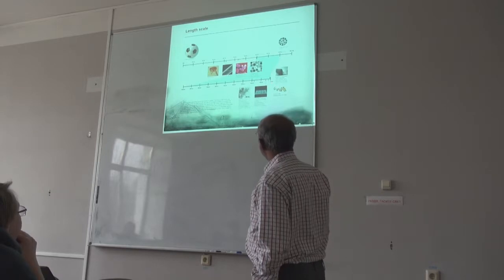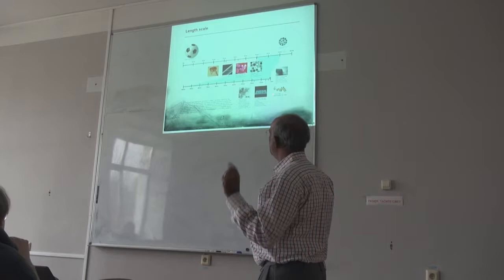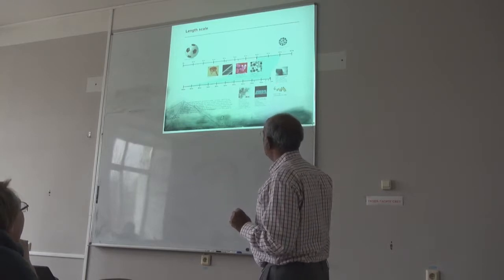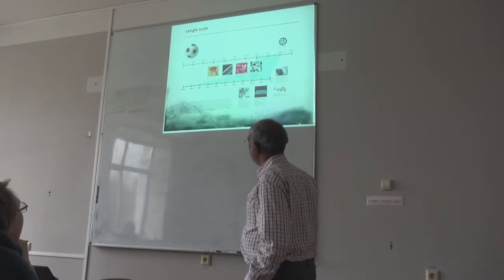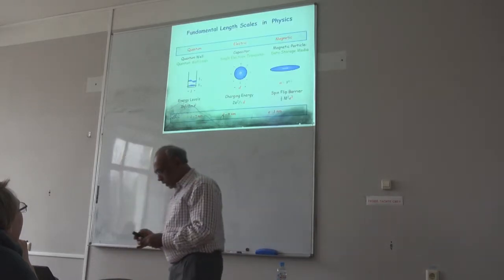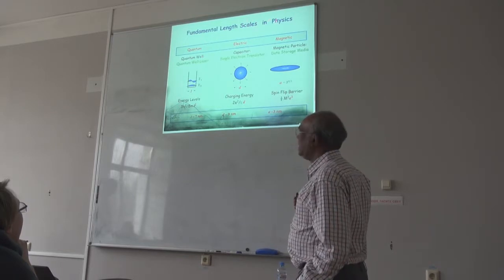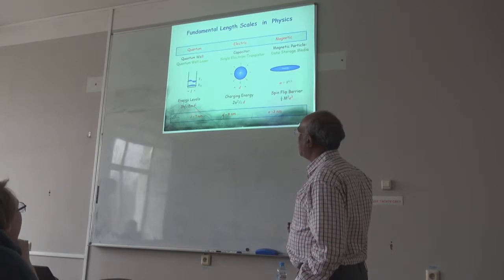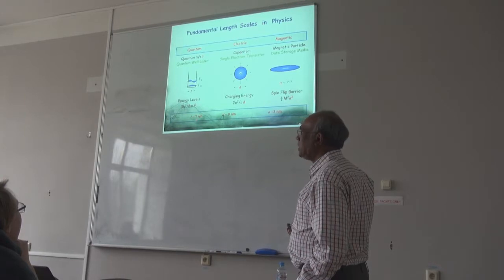Then DNA and carbon nanotubes have similar scales, like nanometers. Then you have other nanoparticles, several tens of nanometers. So that's the scale. Also I want to emphasize there are important length scales. In physics especially, we have quantum wells, where the length scale is close to 10 nanometers.